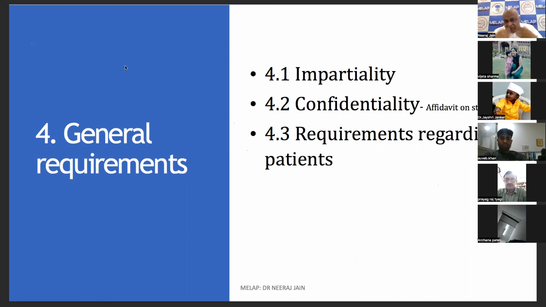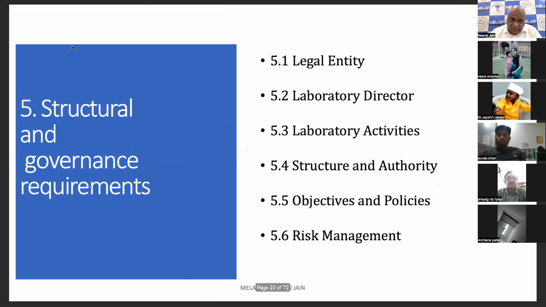And what is the procedure they are following for that? They are training their people, asking their staff to sign some document. They will maintain confidentiality, but it should be, this is what the standard is saying, a legally enforceable agreement. So you can make some statement on stamp paper.